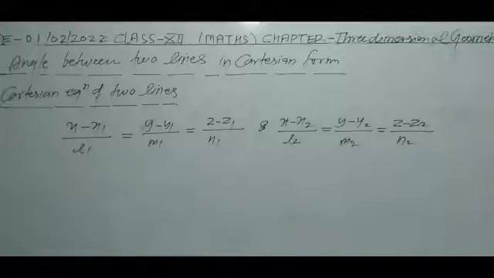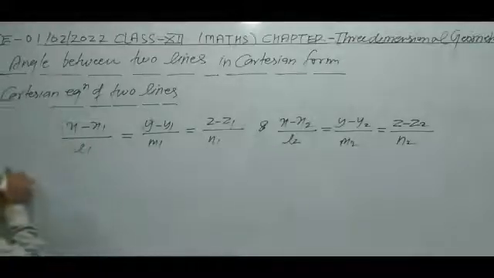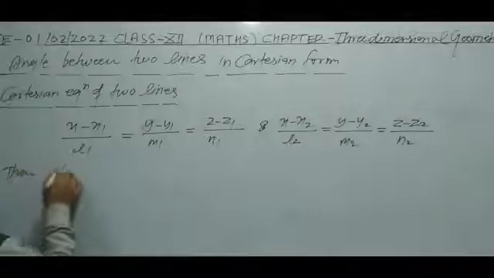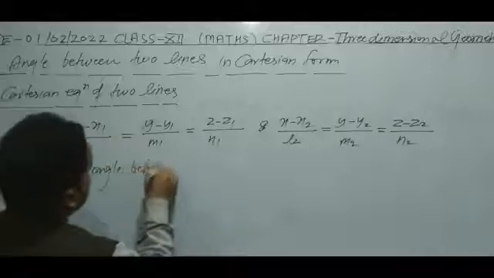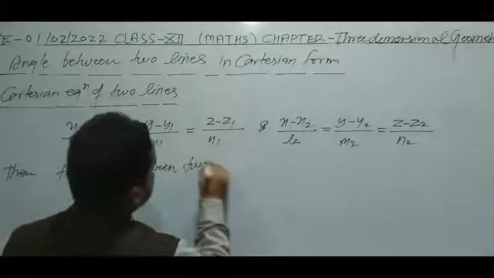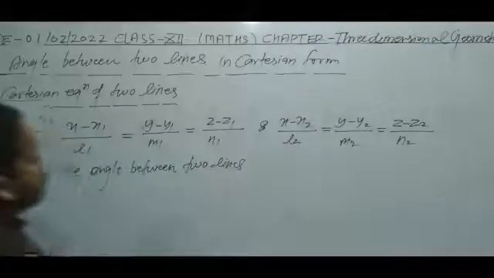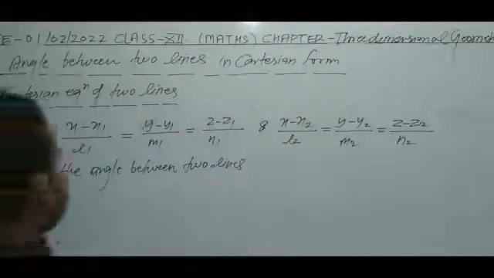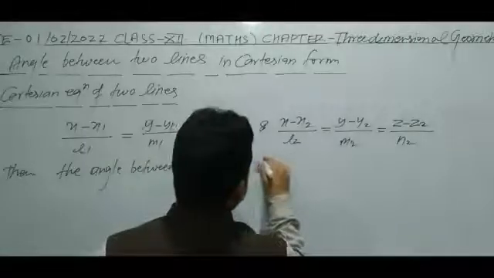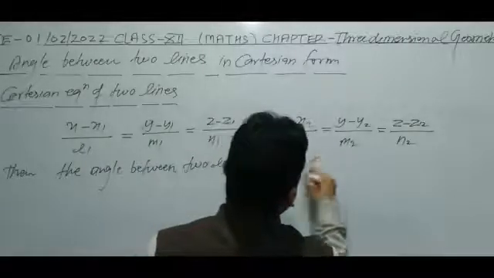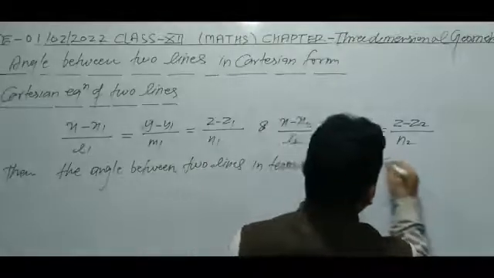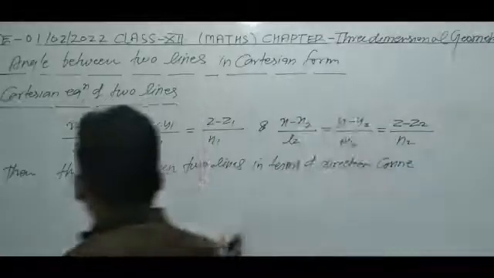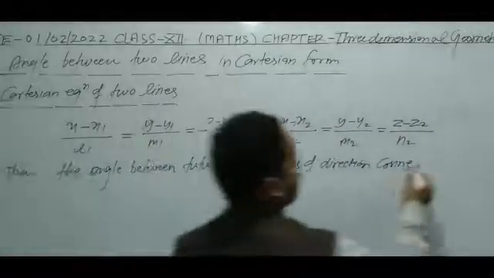So the angle between two lines in terms of their direction cosines, what can we write?